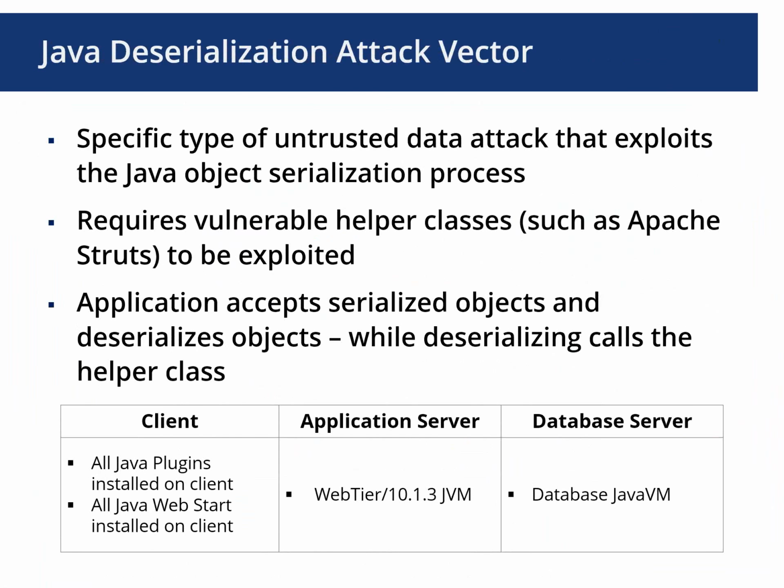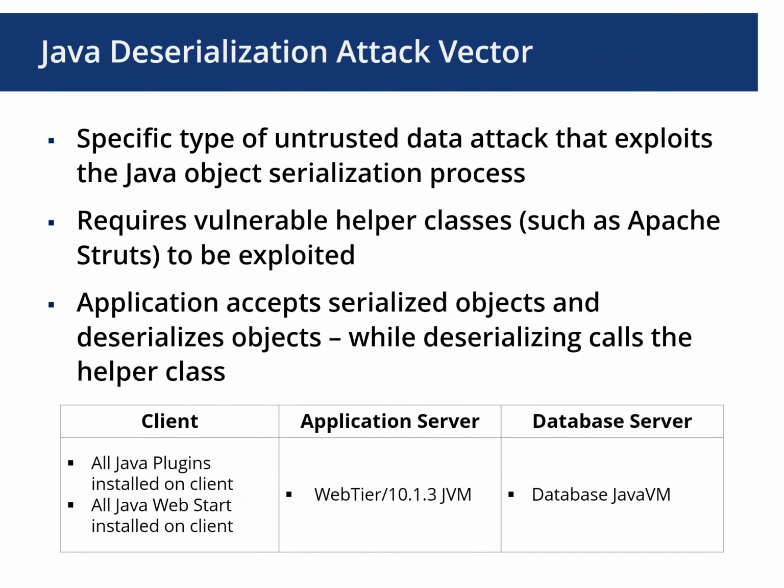But it needs that something to call out to actually do something, like execute something at the OS level, access network functions, and things like that. There are all these helper functions, and a very famous one is Apache Struts. A lot of times when you're patching the Java components or application components, you're patching these third-party libraries. But there are a few vulnerable functions within the core of Java that act as helper functions.